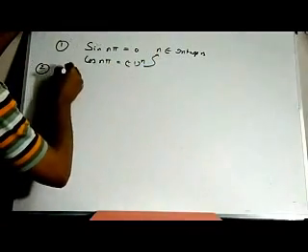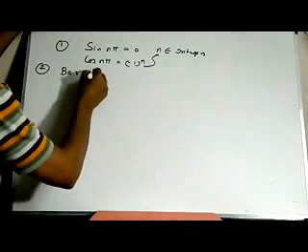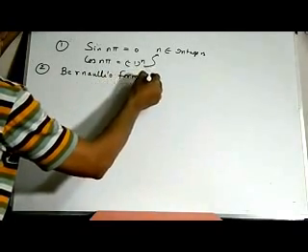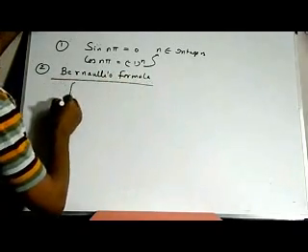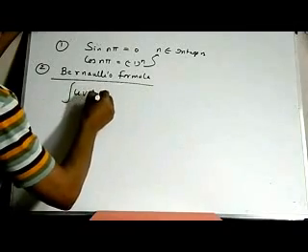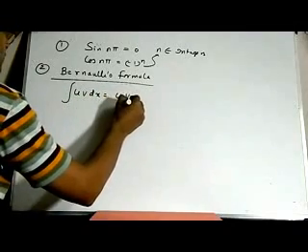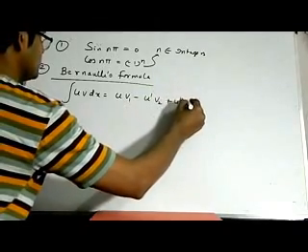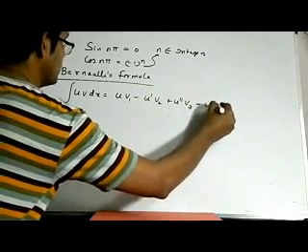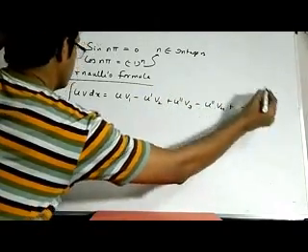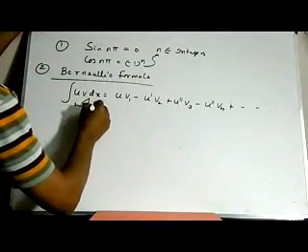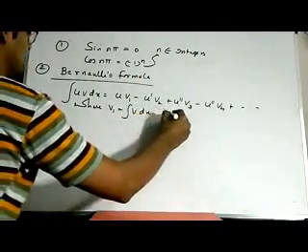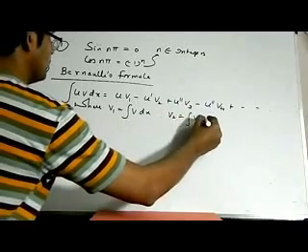Second is a very important formula that is known as Bernoulli's formula. What this formula is saying is that the integral of u v dx is equal to u v1 minus u dash v2 plus u double dash v3 minus u triple dash v4 and so on, where v1 is the integral of v dx, v2 is the integral of v1 dx.